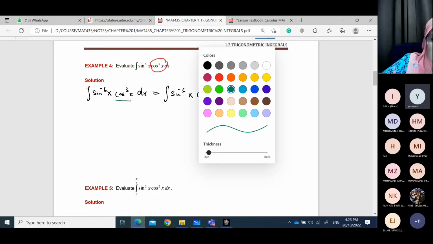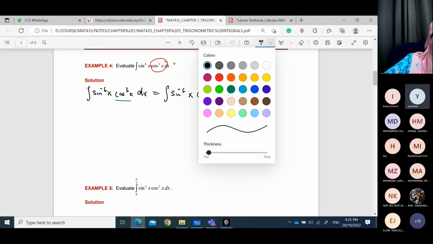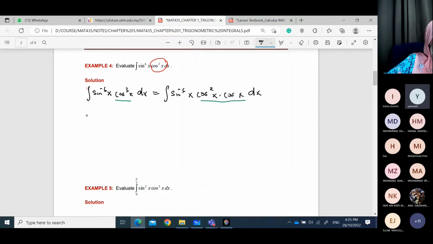Alright, so next identity adalah, sebab kita faktorkan cosine, okay, jadi identity kita adalah cosine square x equals to 1 minus sine square x. Okay, so gantikan cosine squared dengan 1 minus sine squared.